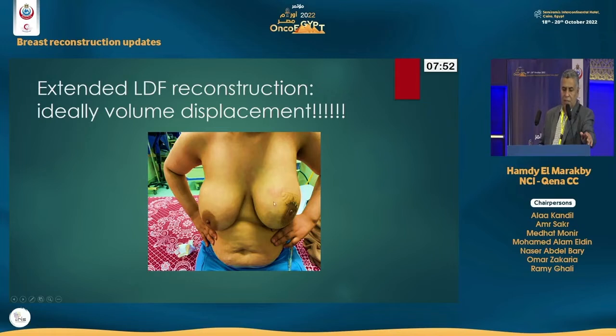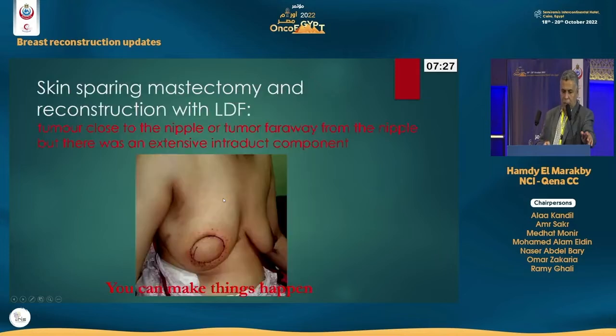But in this particular situation, when the patient didn't like to do a symmetrization operation on the other side here, we opted to do a latissimus dorsi flap, and she was convinced that this might be the case for her. And as you can see, it ended with very good results with adequate symmetry on both sides. So this patient had an extended LED flap reconstruction after skin sparing mastectomy.